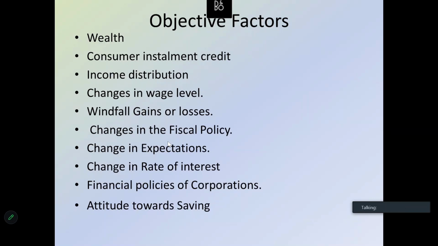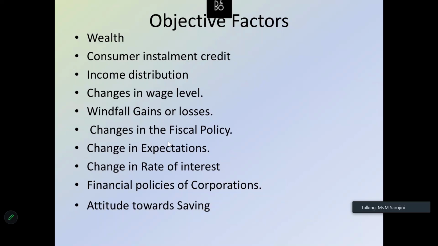Therefore, all the people with vehicles, also the number of accidents increased. Right? So installment facilities are available for consumption.